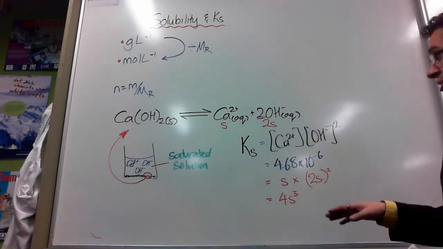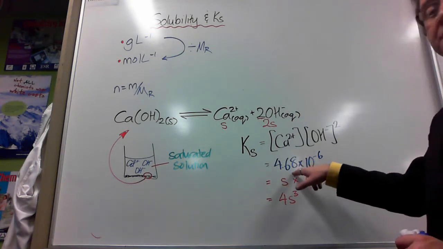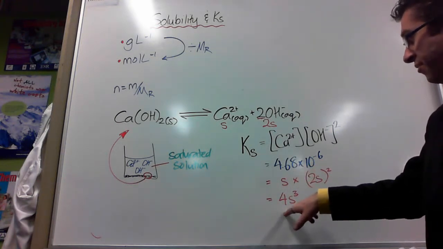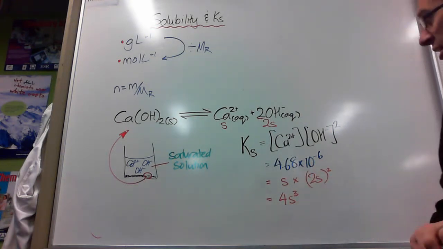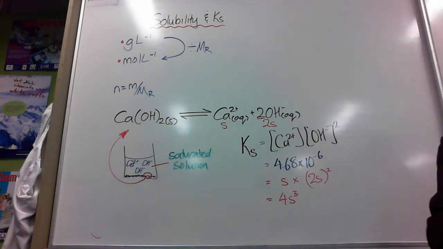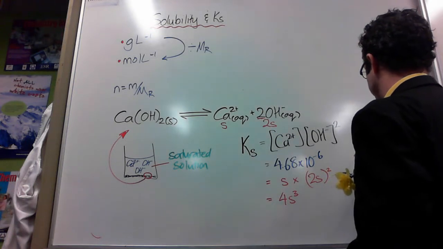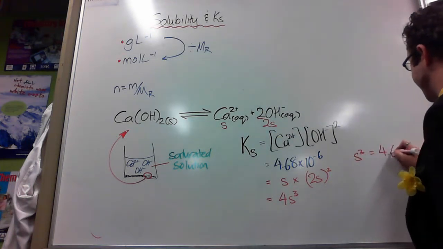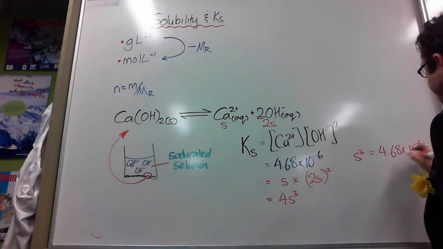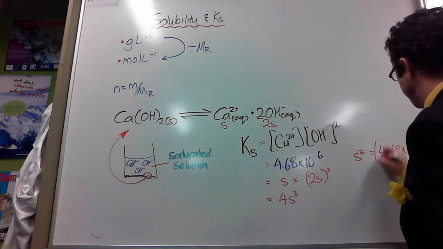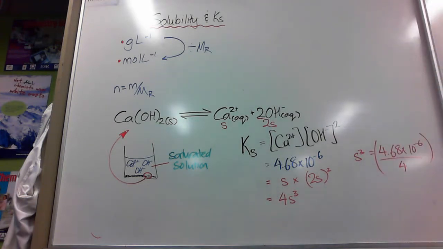My algebra is good enough to solve that, so I'm going to divide this number by 4 and this number by 4, press equals on my calculator, and then take the cube root of it to find S. So S cubed is going to equal (4.68 times 10 to the negative 6) over 4. I'm going to put it in brackets just to make sure I don't make any silly mistakes. Bear with me while I do that on my calculator.